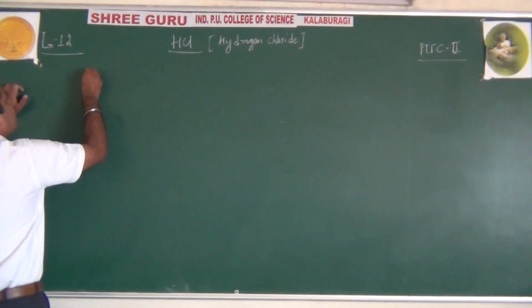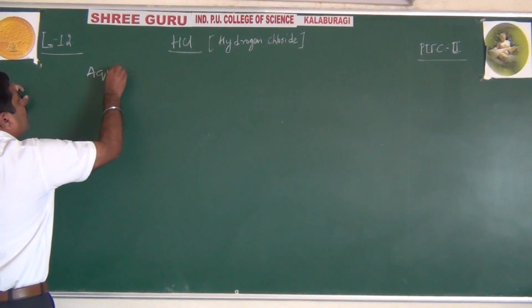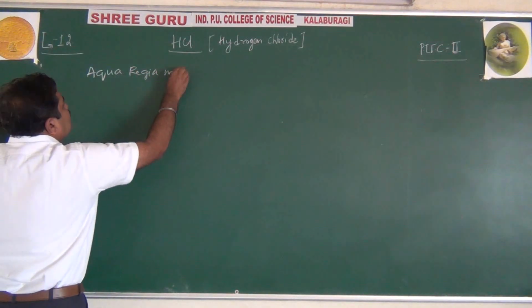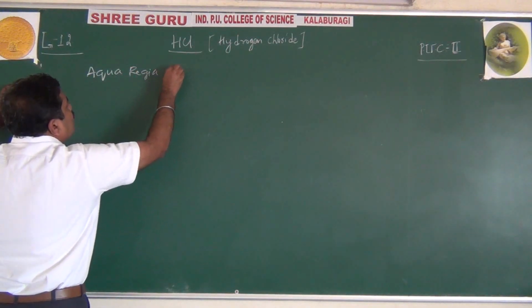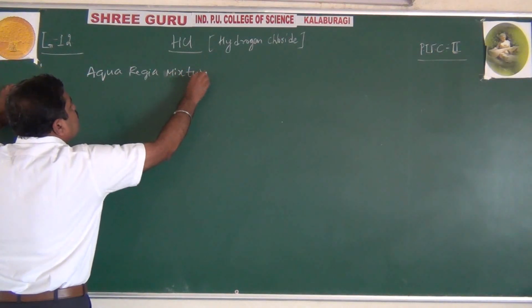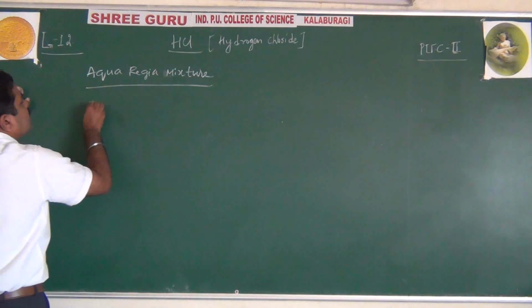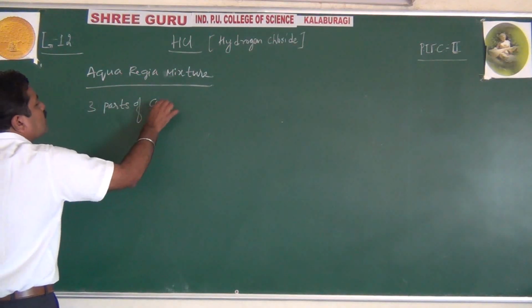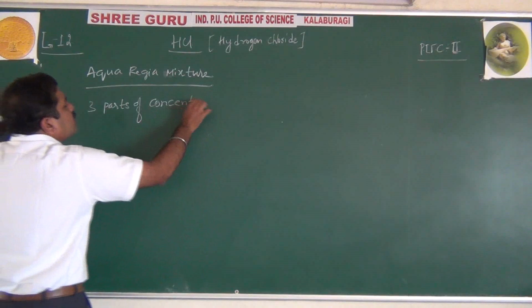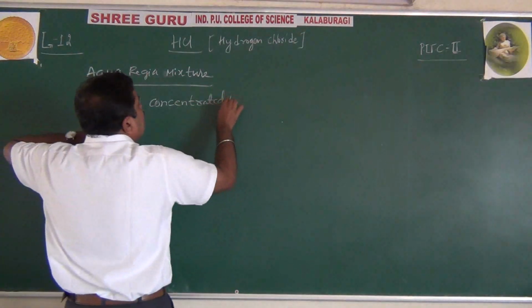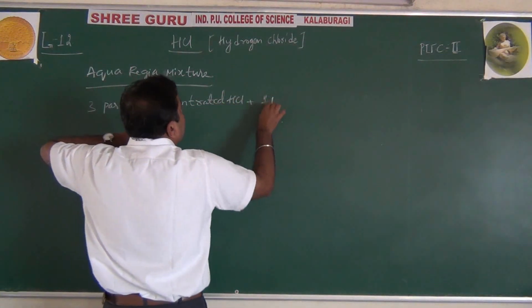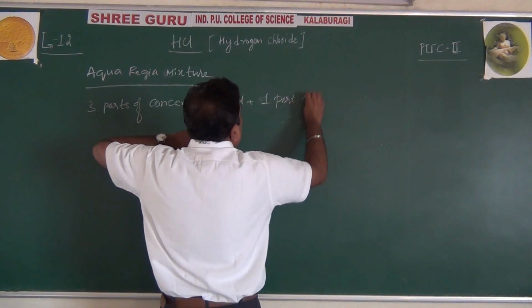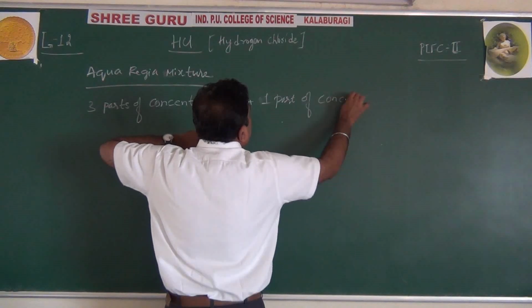I repeat, in the form of aqua regia mixture, that is 3 parts of concentrated HCl and 1 part of concentrated nitric acid.